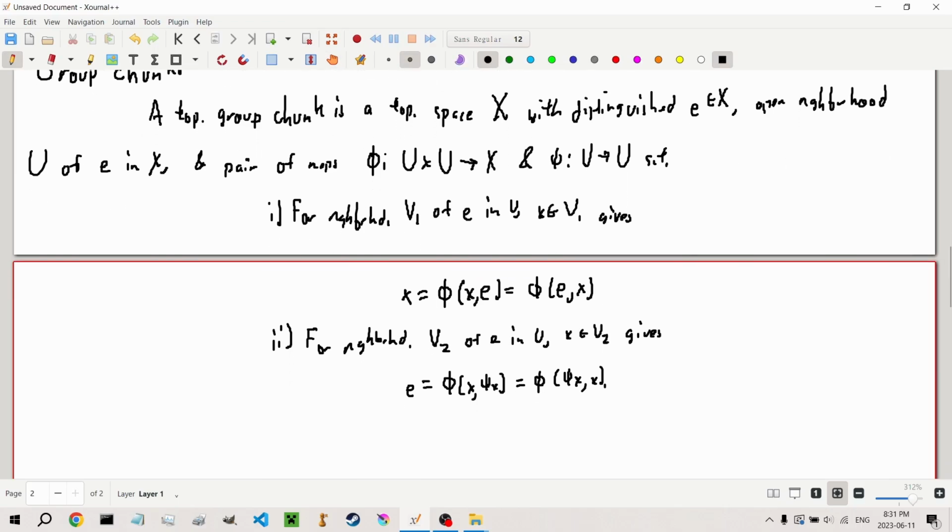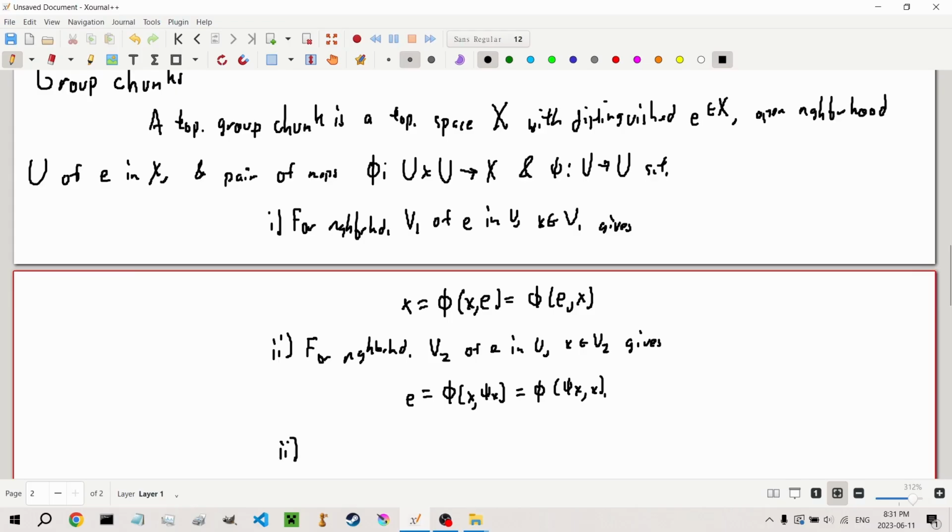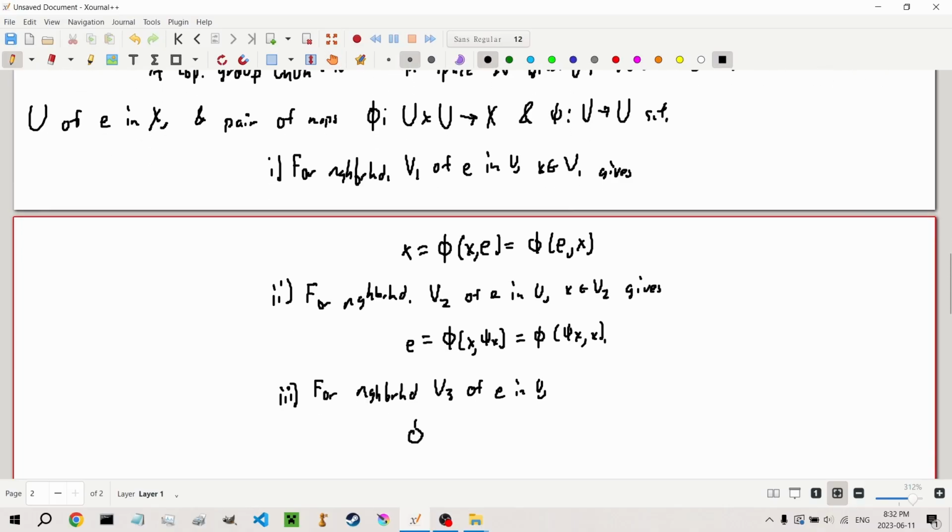And finally, for some neighborhood v3 of E in U, phi of v3 times v3 being contained within U. Let's write this on a new line.